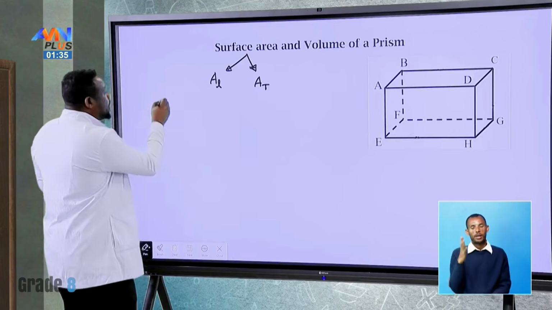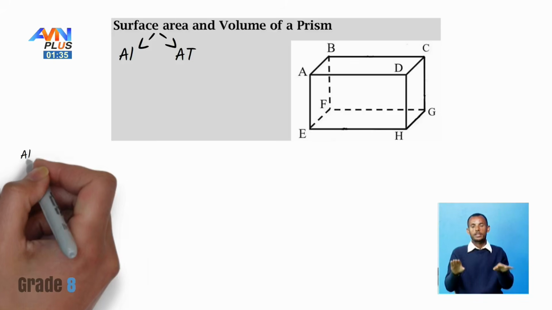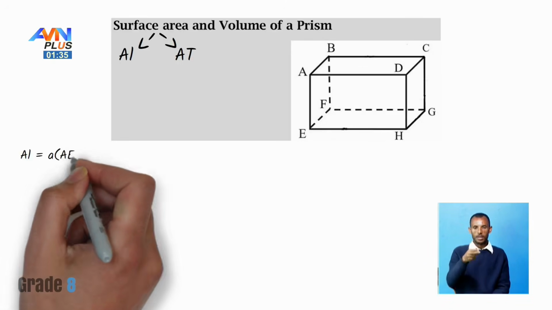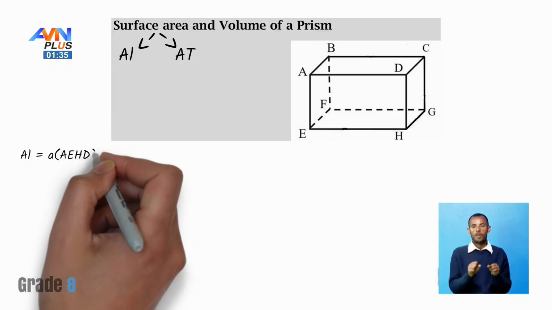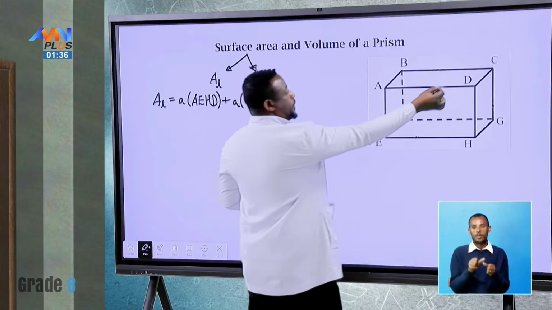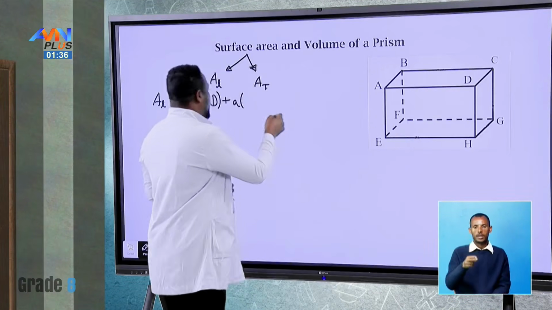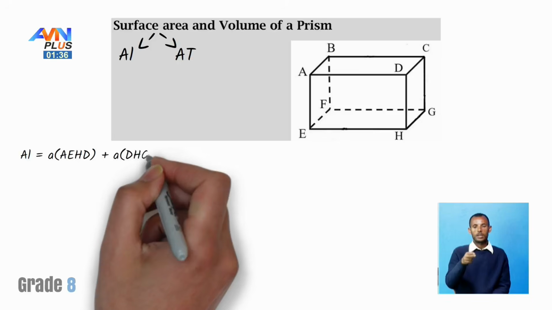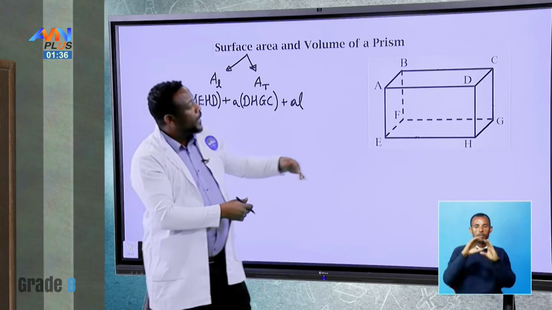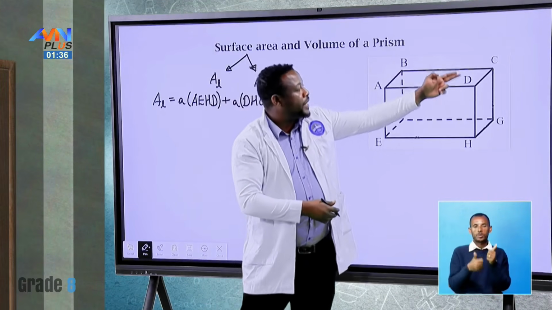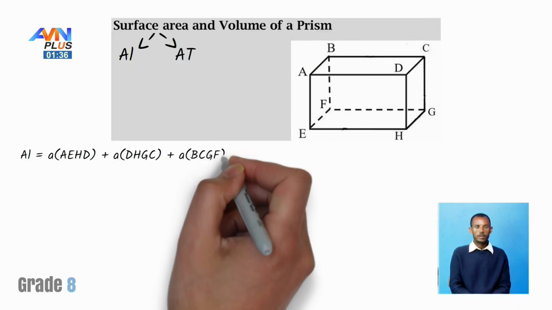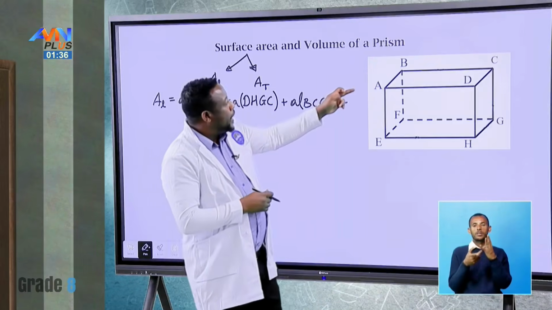So the lateral surface area, AL, is equal to the area of the front part, AEHD, plus the area of the side rectangle, DHGC, plus the area of the back face, BCGF, and the fourth one is ABFE.